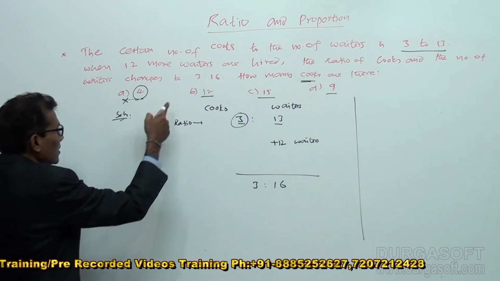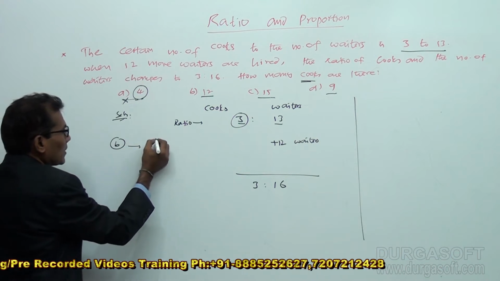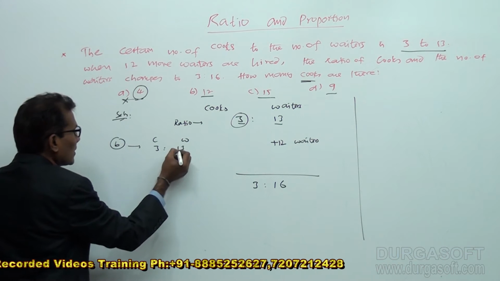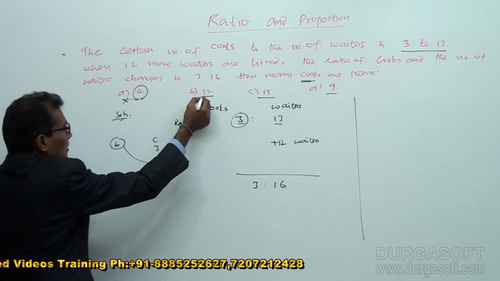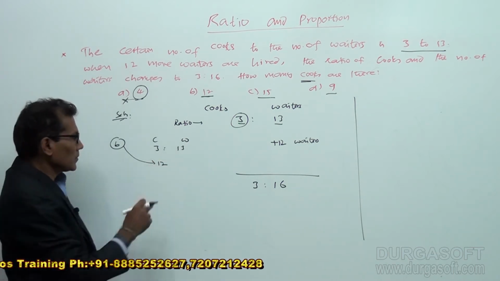So I am cross checking with option B. Taking option B, the cooks and the waiters, the ratio is 3:13. According to option B, the number of cooks is 12. Then what will be the number of waiters here?